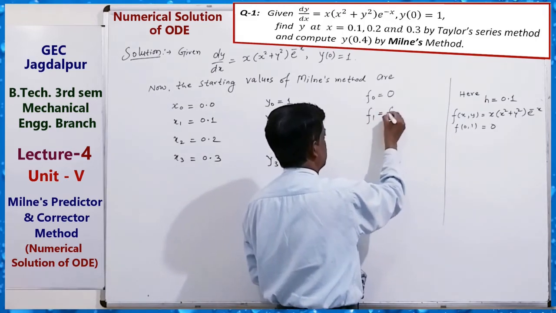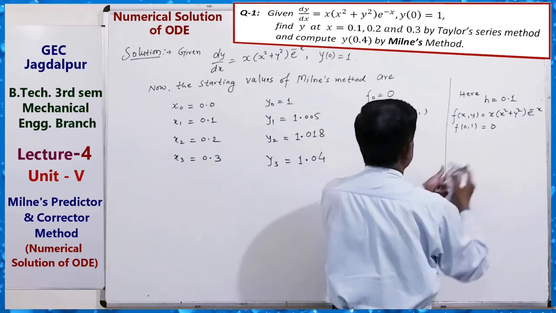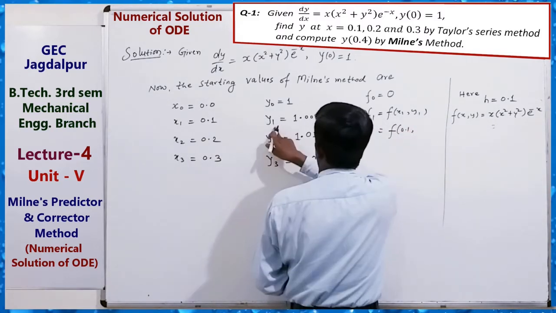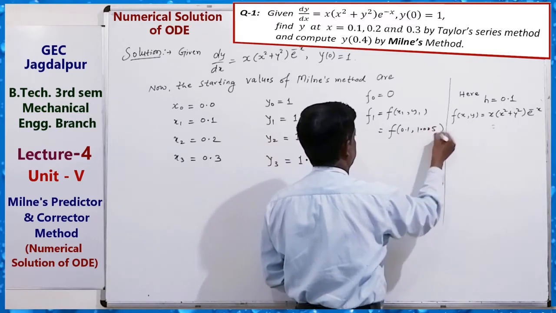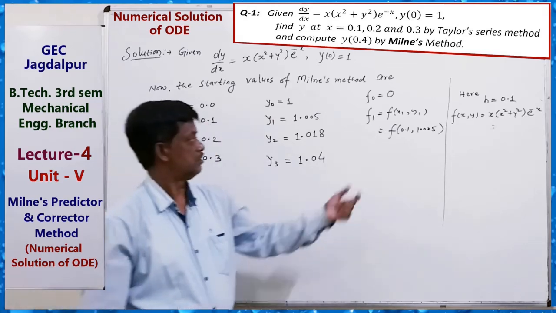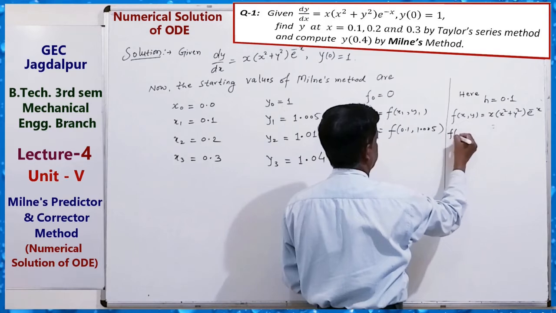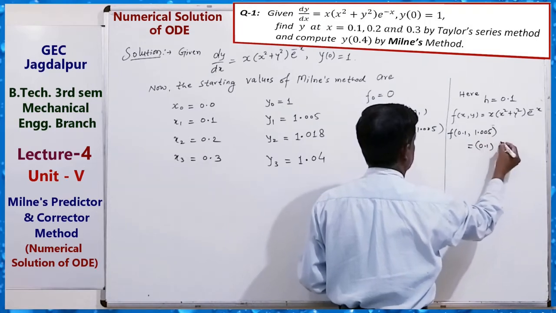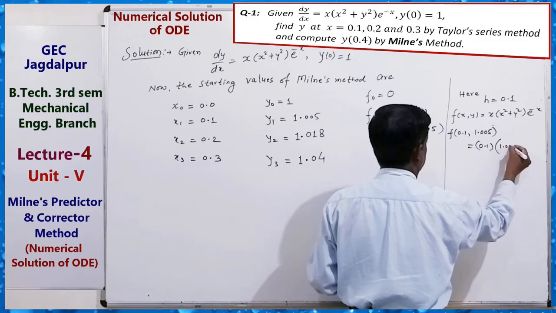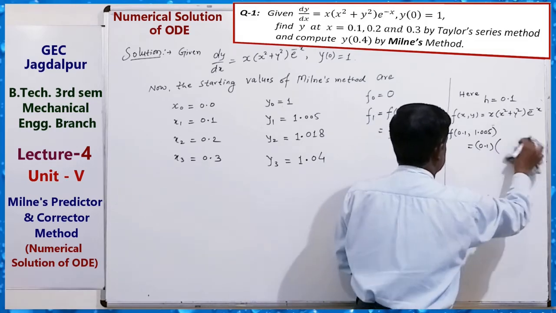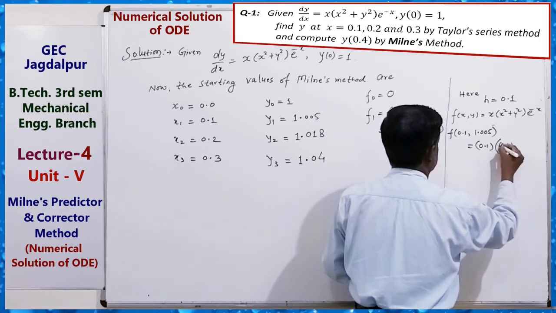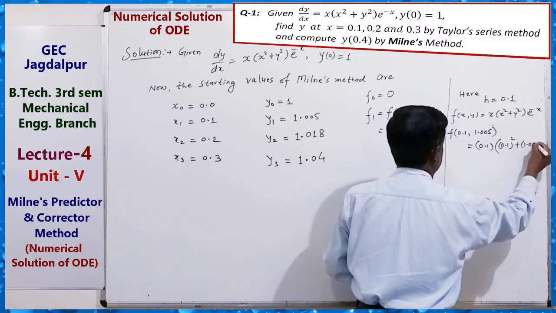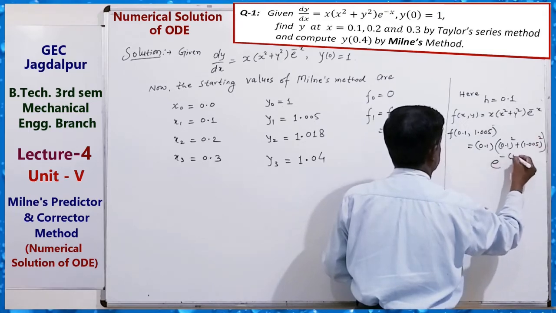Now f1 means f(x1, y1), that is f(0.1, 1.005). Just use x1, y1 in this formula: f(0.1, 1.005) equals x square plus y square, that means 0.1 square plus 1.005 square, into e to the power minus 0.1.